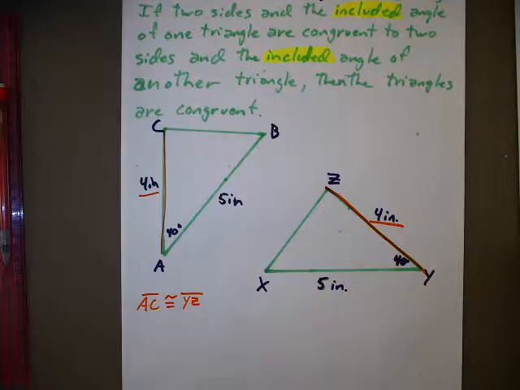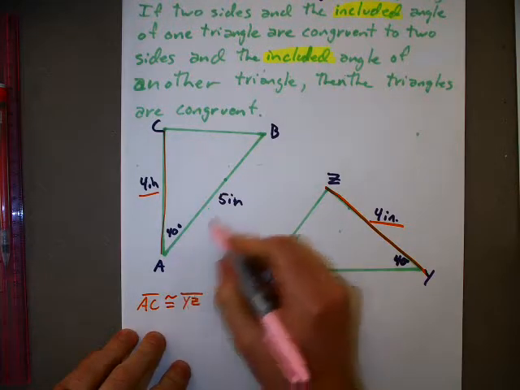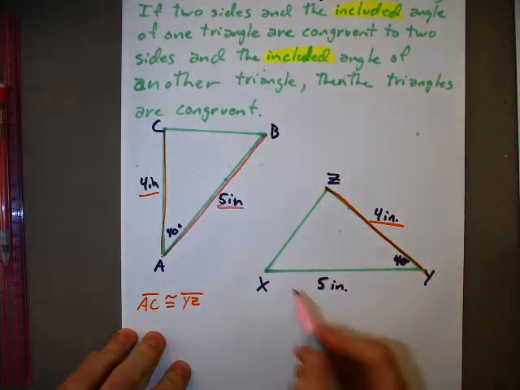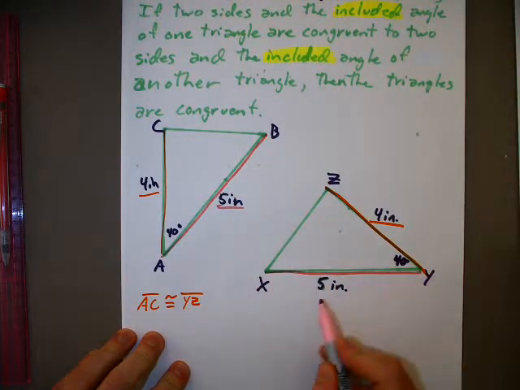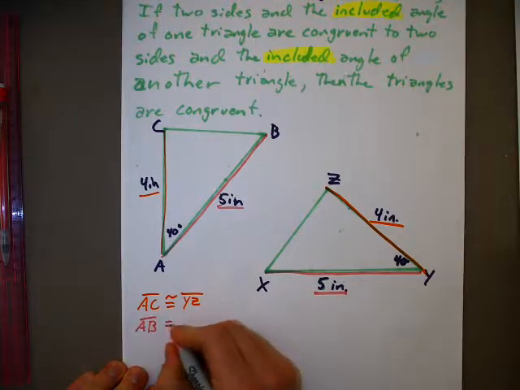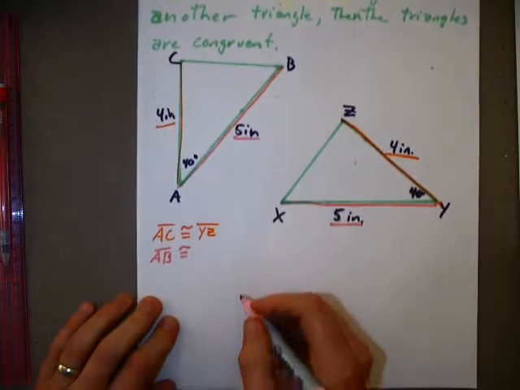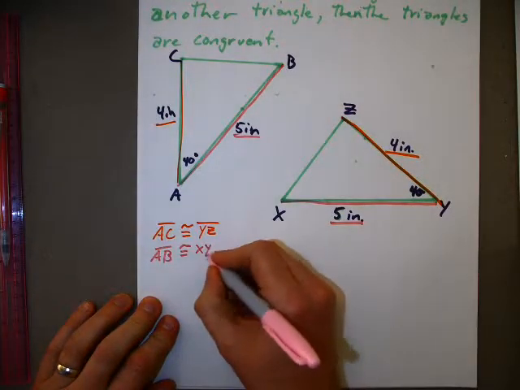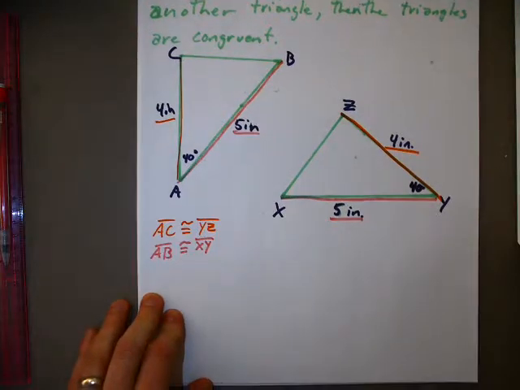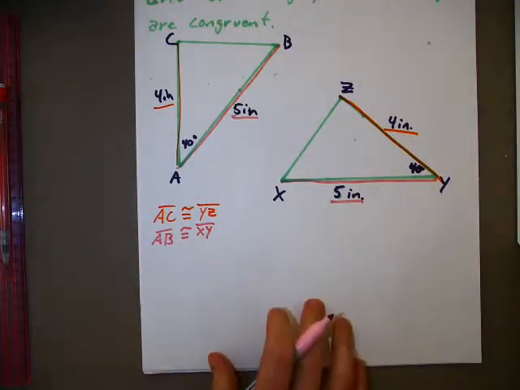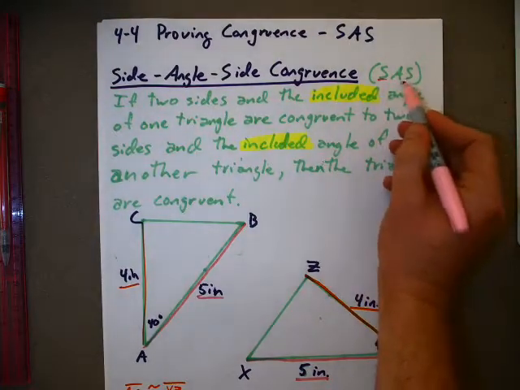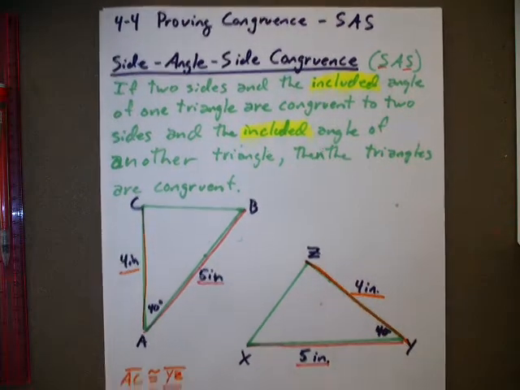And then segment AB is 5 inches, and if we look over here, XY is also 5 inches, so we say that AB is congruent to XY. So now we have a side and a side. What we need is the included angle.